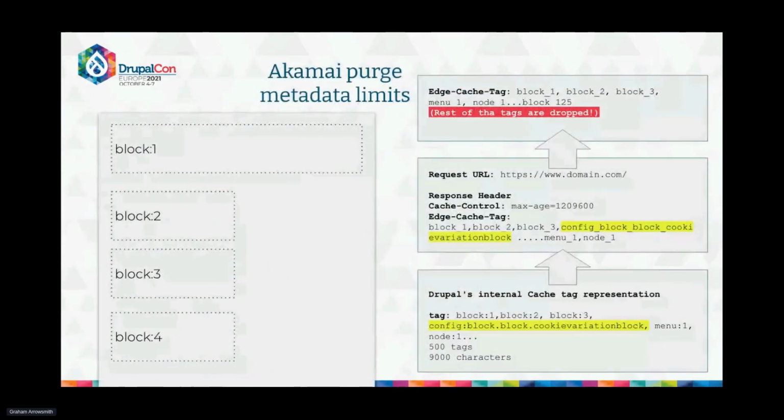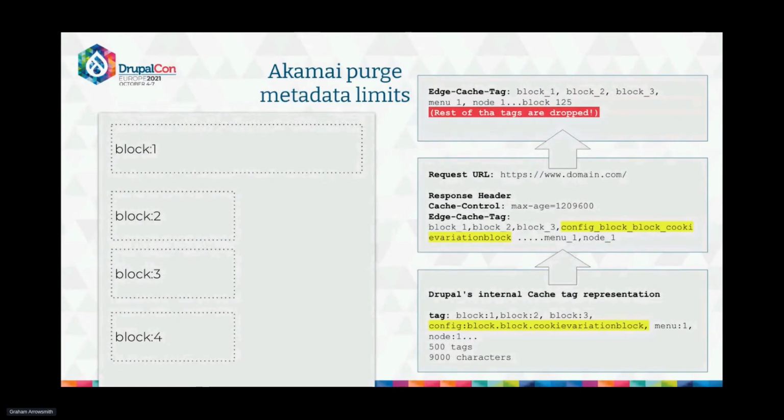So if we walk through that process, what we're using is Drupal's internal cache tag representation, which can have quite long and verbose tags. This is actually fairly short compared to some of them. And it is feasible that when we have quite complex pages with a lot of dependencies on data, you can accumulate a substantial number of tags and use a lot of characters.